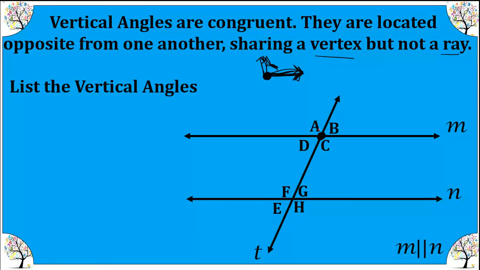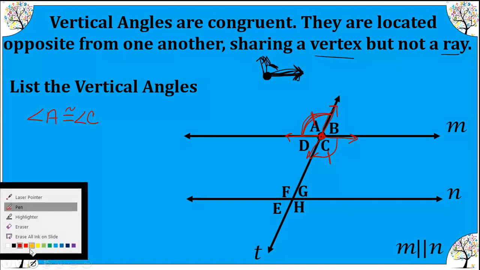So let's just start with angle A. Angle A has, here is one of the rays, and here's the other that creates angle A. And the vertical angle to angle A is going to be C. They both will share the same vertex, but they do not share a ray. So our notation is angle A is congruent to angle C. We can use this notation.